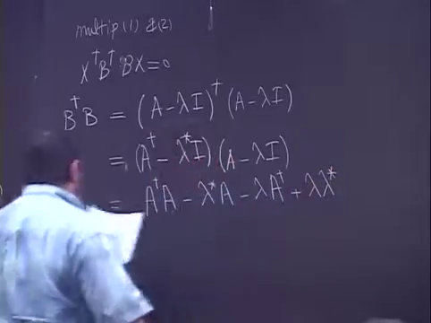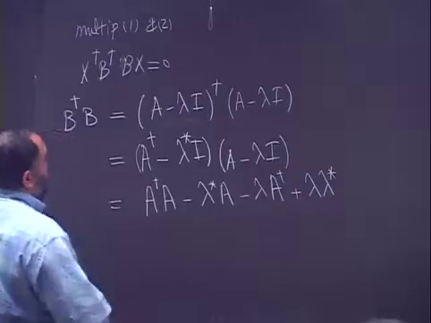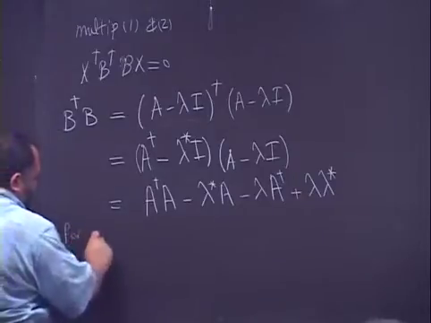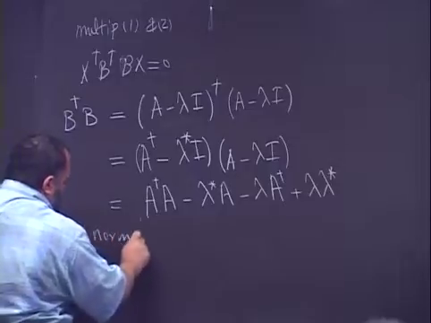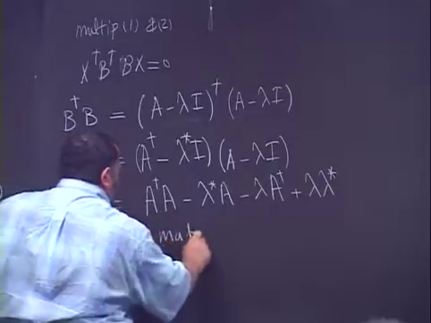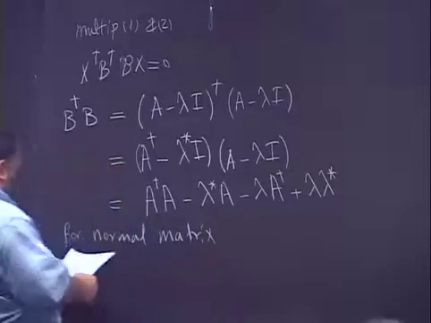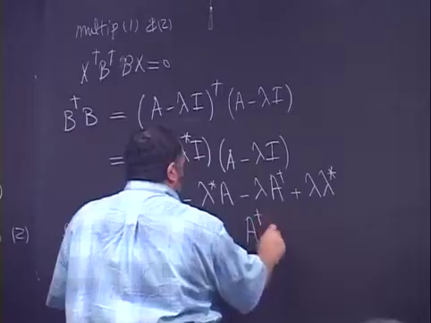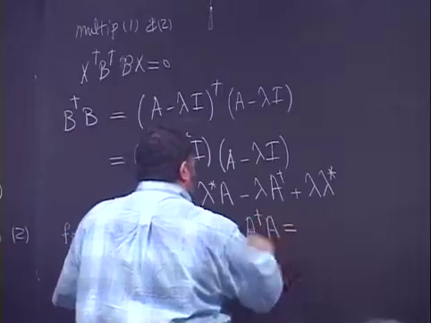We stated that the matrix is normal. So for normal matrices we have the following property: A adjoint multiplied by A is equal to what?